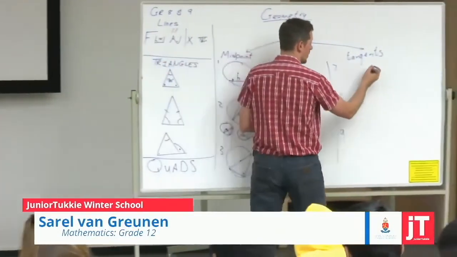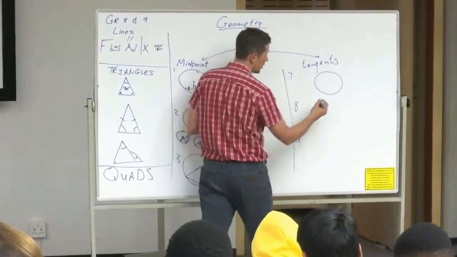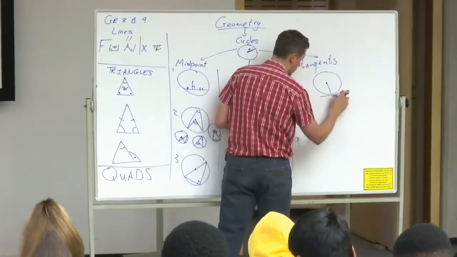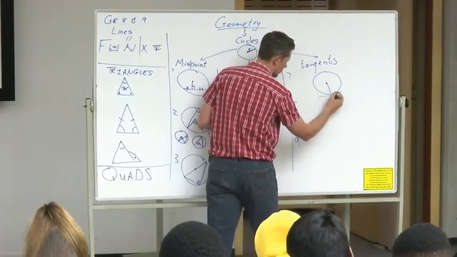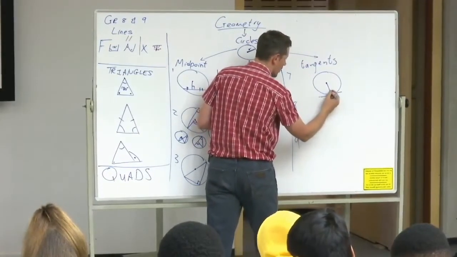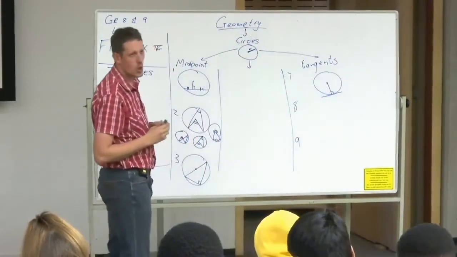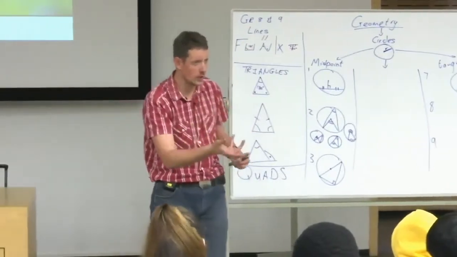So tangent, Theorem 7, is first of all, if I have a radius and I have a tangent, the radius is perpendicular to the tangent. Where do we use this theorem a lot?